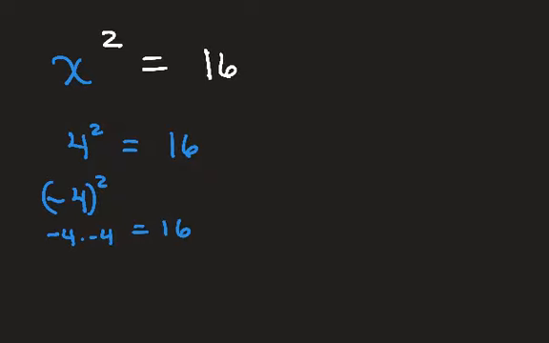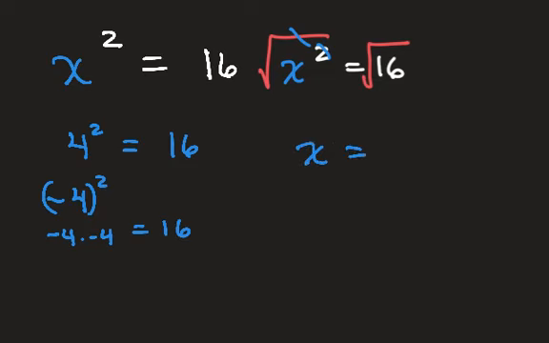So when we answer this, x squared is equal to positive 16, we have to take the square root of both sides. And that cancels that. And we get x is equal to plus or minus 4.